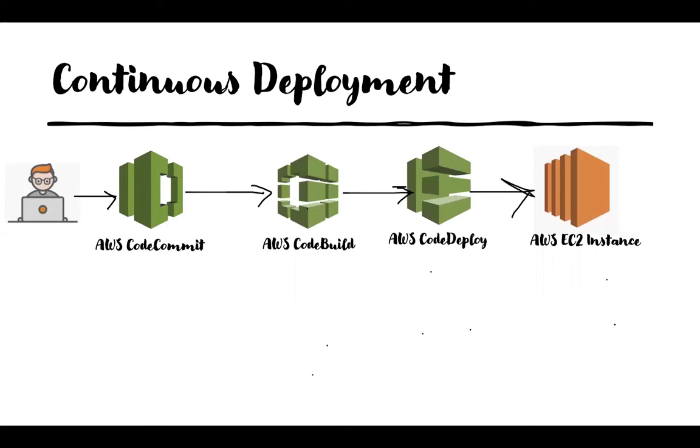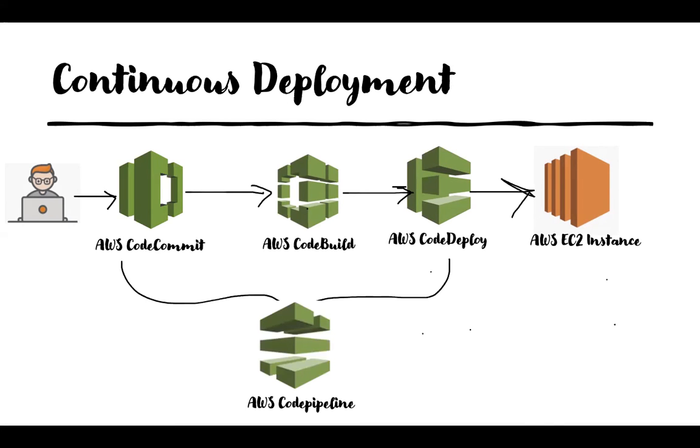If you talk about the CI/CD process, it has several services. Developers will commit their changes on AWS CodeCommit. Then the AWS CodeBuild service will build that code and create a jar and war file, and that jar or war file is used by the CodeDeploy service to deploy the code on an EC2 instance. An EC2 instance is nothing but a production server.